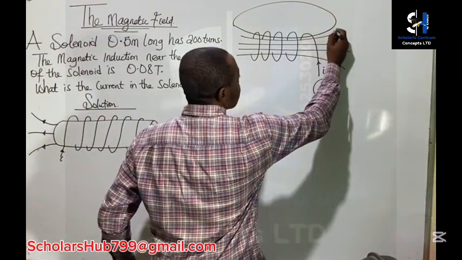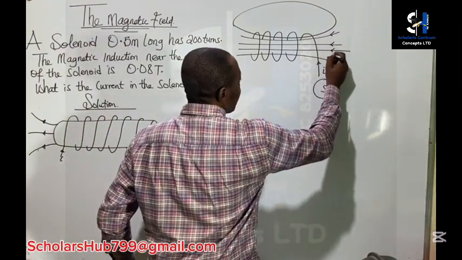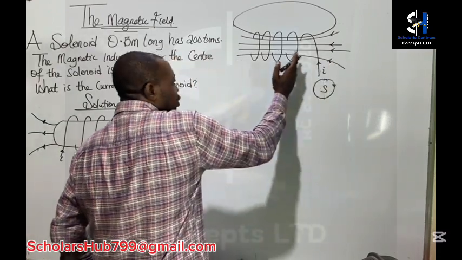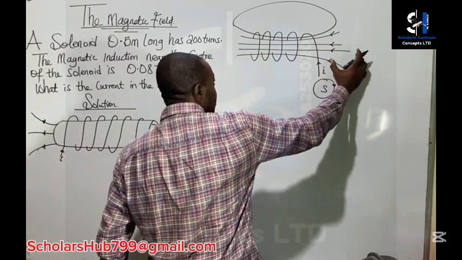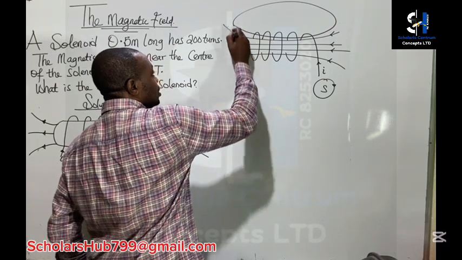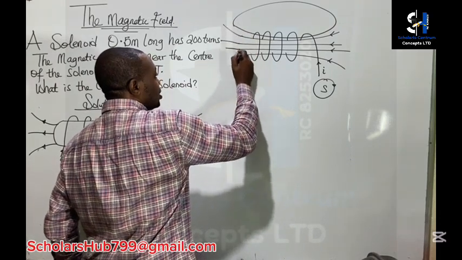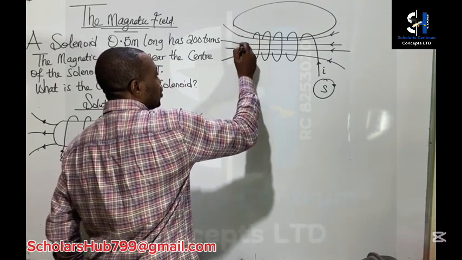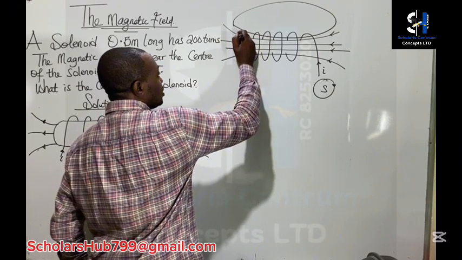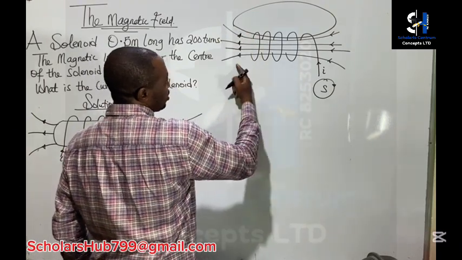Which means that the lines of magnetic induction are entering the coil through this end, and they are leaving the coil on this other end. These are the lines of magnetic induction leaving the coil. So this is the north.